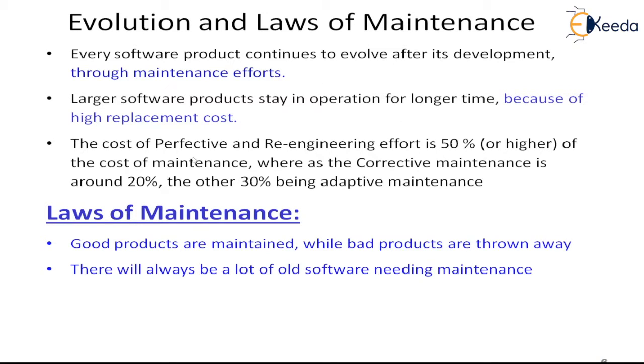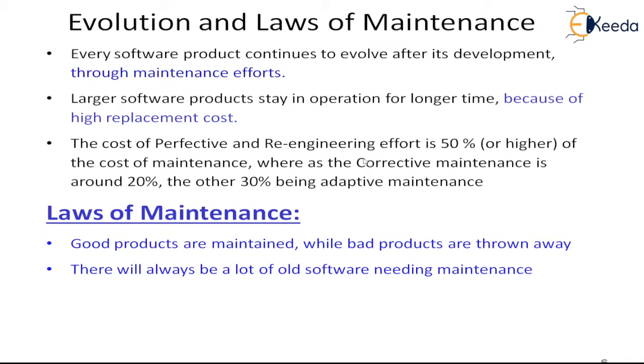The cost of perfective and re-engineering effort is 50%, or higher, of the total cost of maintenance. So now we are talking of the total cost of maintenance. If you take the cost of the maintenance completely till the software is discarded or replaced, then you will see that the cost of perfective and re-engineering effort is higher.